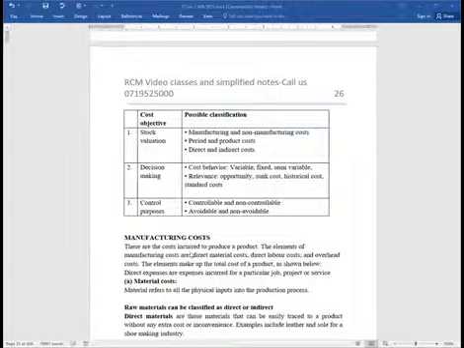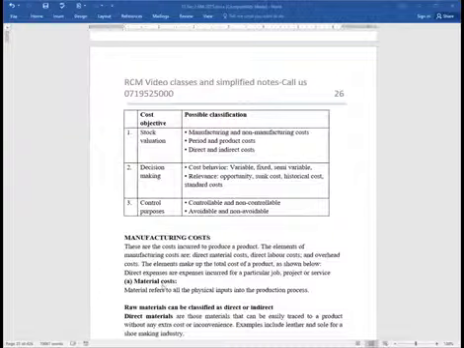The elements of manufacturing costs are direct materials, direct labor cost, and the overhead costs which are directly attributable to production. The elements that make up the total cost of a product are shown below, so they have explained them here.